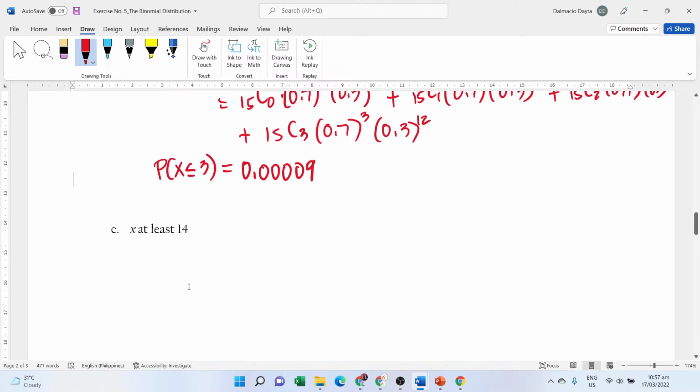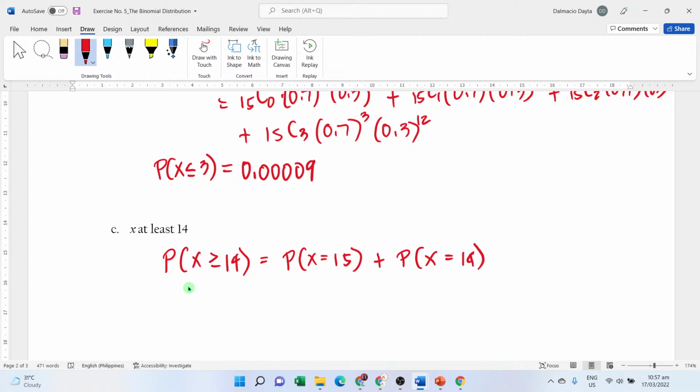Okay? Next, letter C. X is at least 14. So this will be P of X greater than or equal to 14. Just the same as in letter B, we're going to add all the probabilities: X is equal to 15, because 15 is the highest number, plus P of X is equal to 14. I-add natin yung dalawang yan.